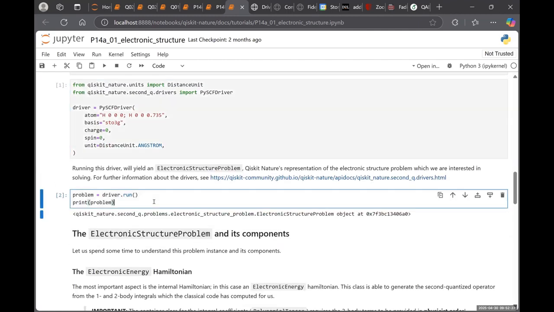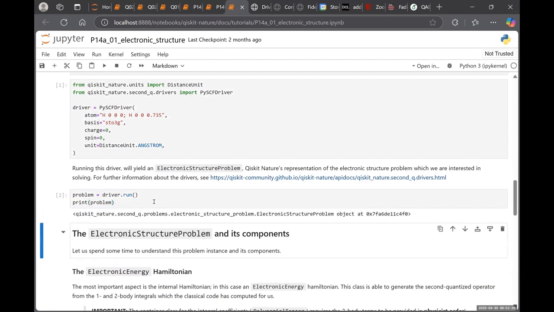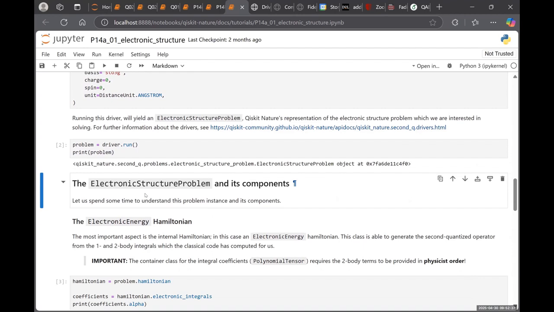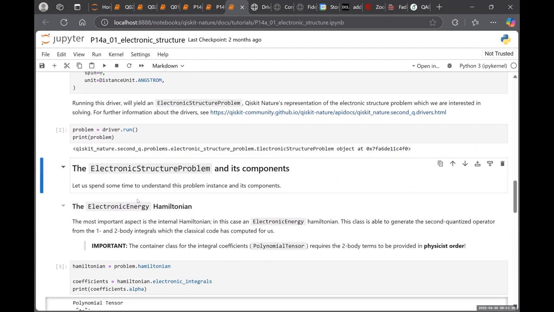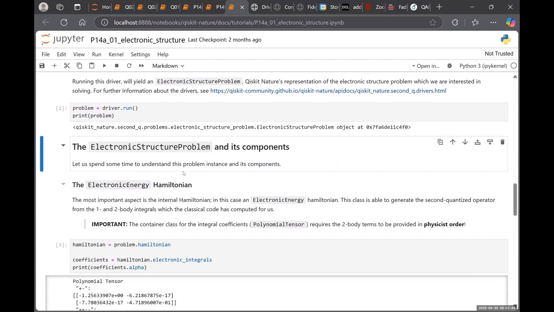Let me see, did I run this? Okay. So we have an electronic structure problem. This here talks about the electronic structure problem and its components, the electronic energy Hamiltonian.